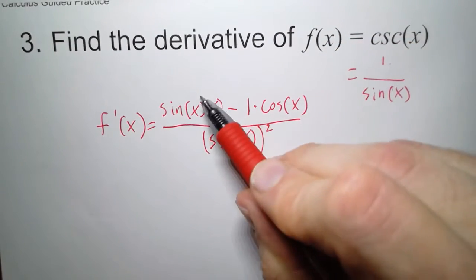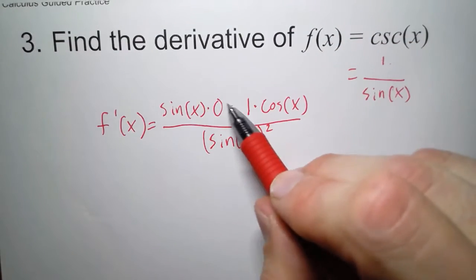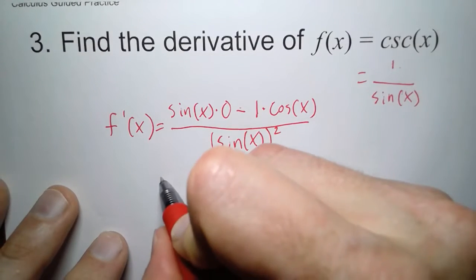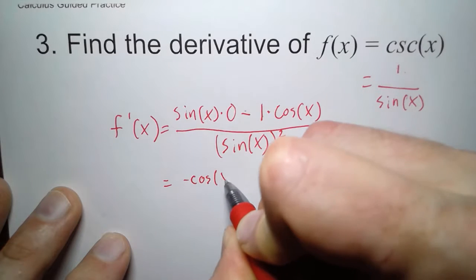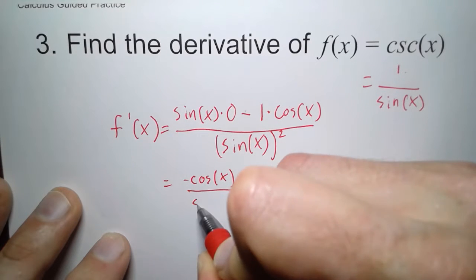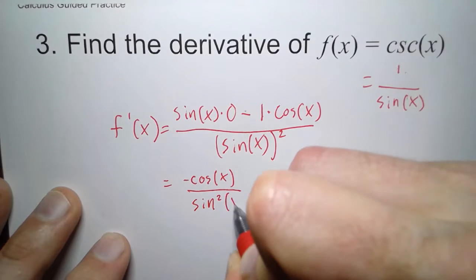Since that first term is multiplied by 0, that's just going to go away. So we're left with negative cosine of x over sine squared of x.